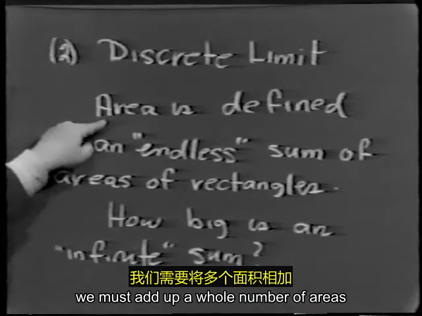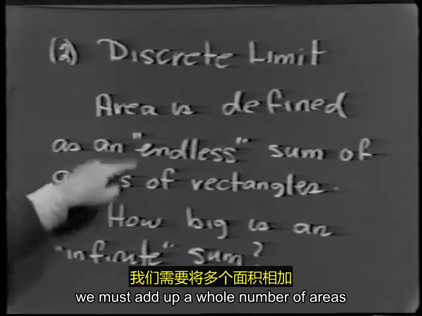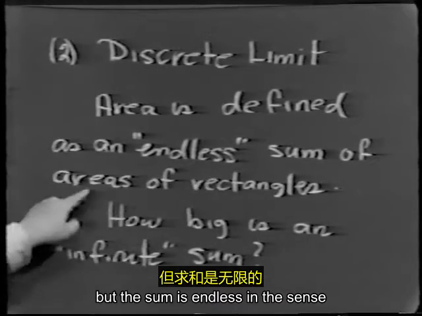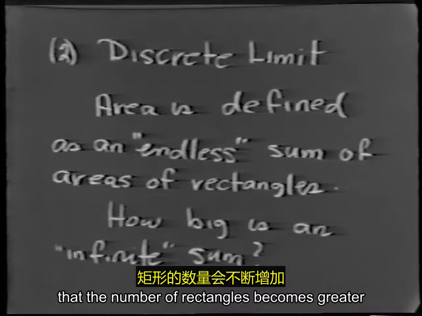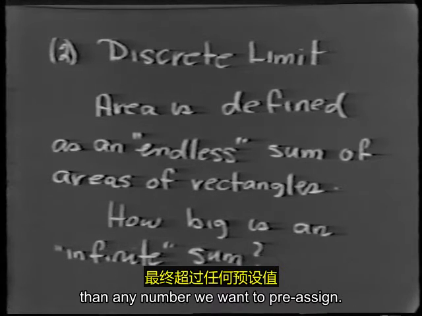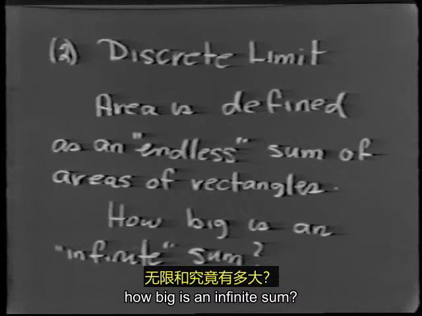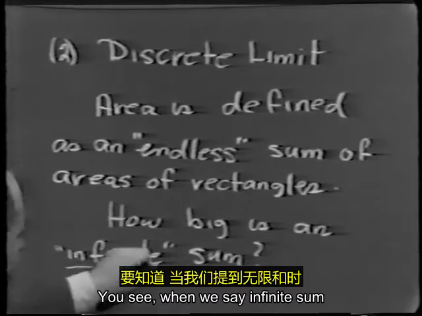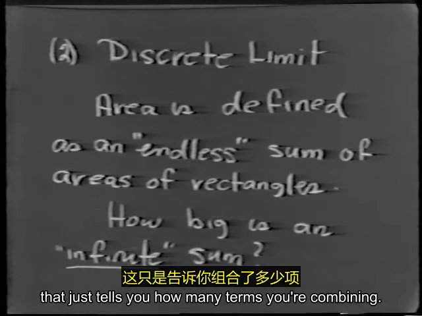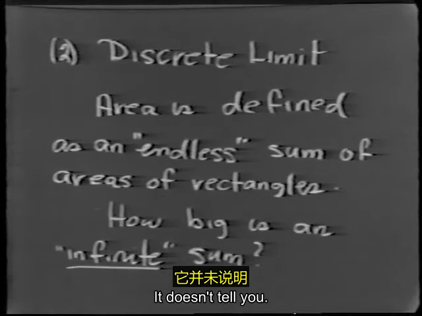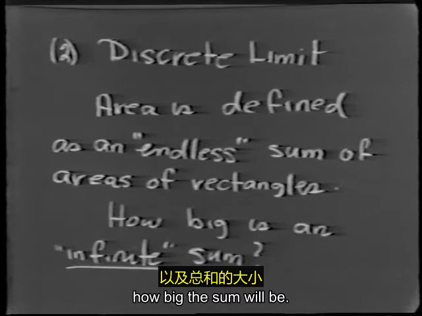Namely, we must add up a whole number of areas, but the sum is endless in the sense that the number of rectangles becomes greater than any number we want to preassign. And the basic question that we must contend with here is how big is an infinite sum? You see, when we say infinite sum, that just tells you how many terms you're combining. It doesn't tell you how big the sum will be.